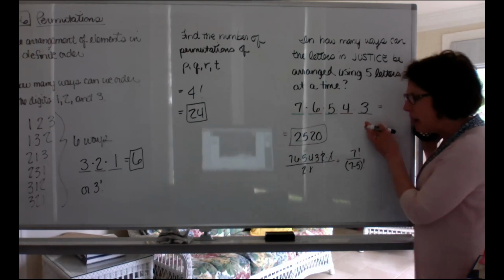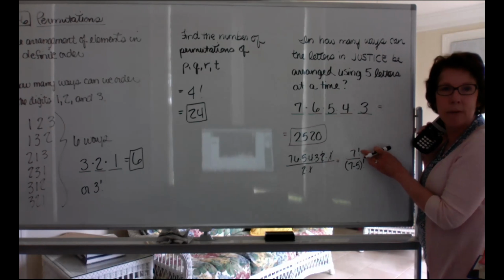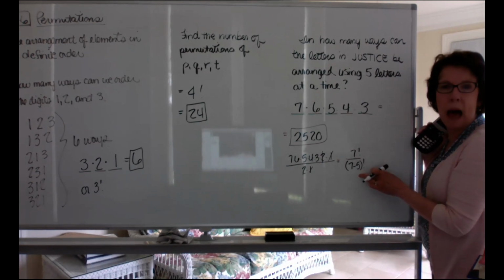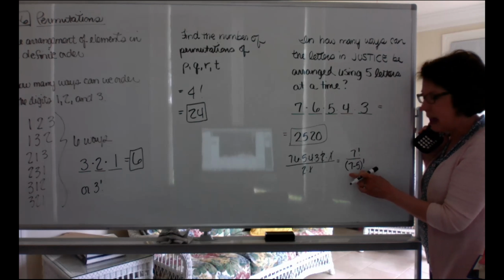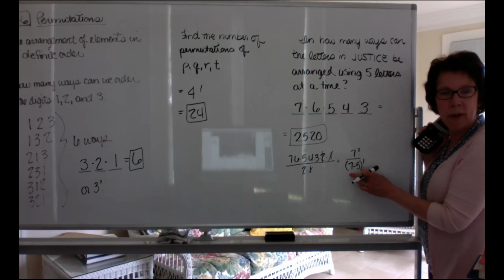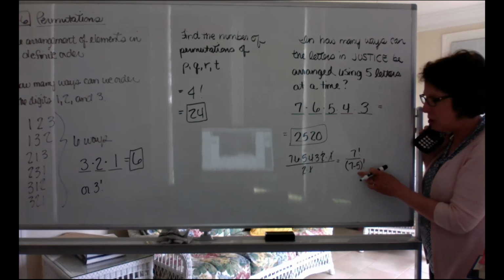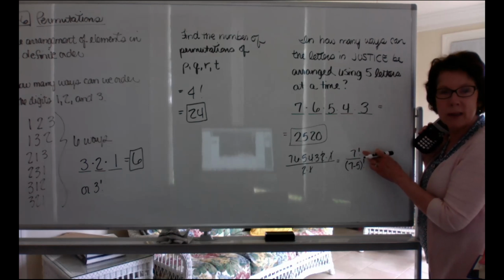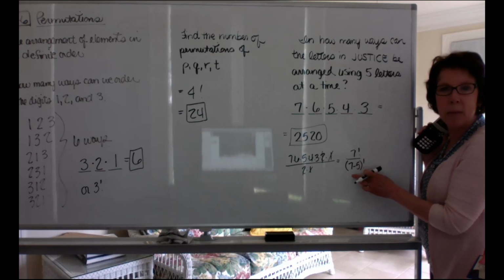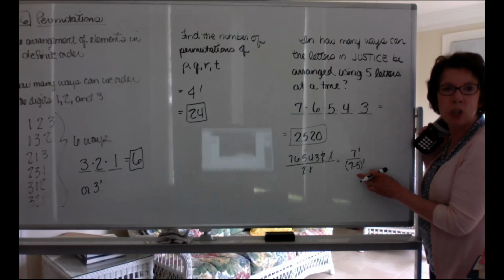Now, how can I write that? Well, it's really 7 factorial divided by 7 minus 5, which is 2 factorial. 7 is the total number of letters I have to choose from. 5 is how many I'm actually choosing. So the total, 7 factorial, divided by 7 minus 5 factorial, the total minus how many I'm going to choose.